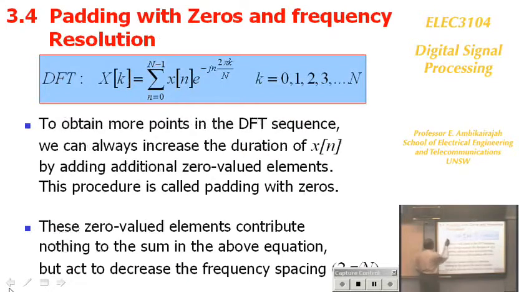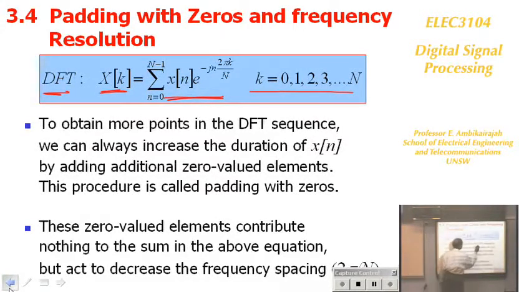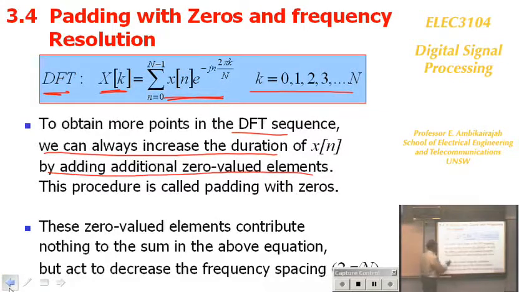So all it says, we want to find the DFT X[k], and that's your equation, n from 0 to N minus 1. To obtain more points in the DFT sequence, we can always increase the duration of x[n] by adding additional zero valued elements. This procedure is called padding with zeros. You have to add the zeros at the end or before, not in between samples. That's wrong.